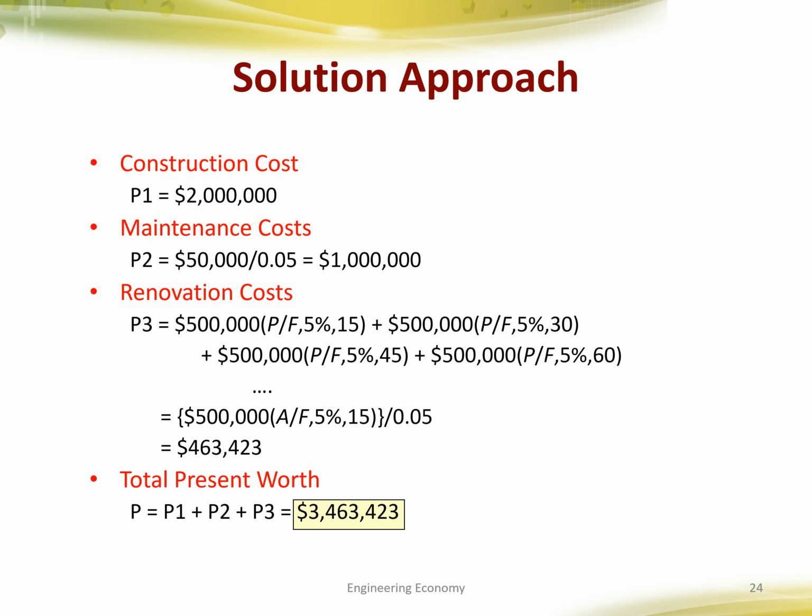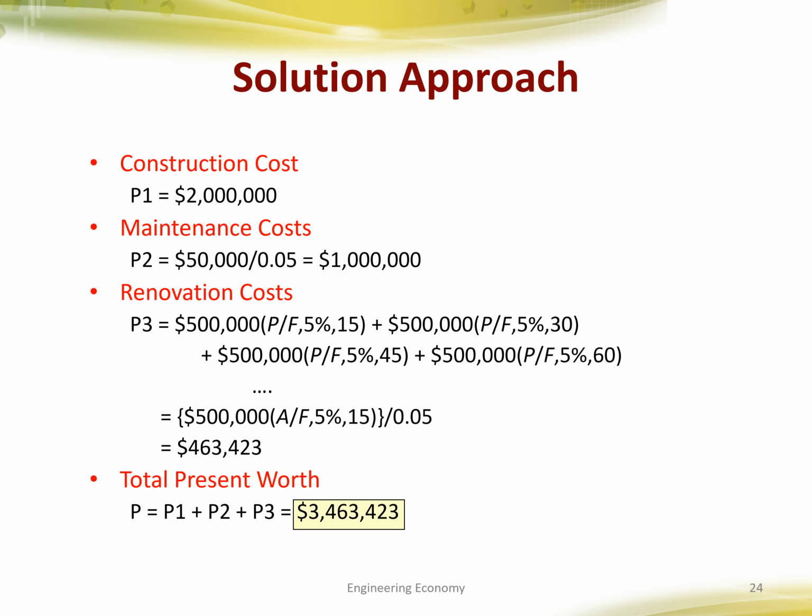So this is what I just described. For the initial investment, initial construction is that amount. Maintenance cost happens every year for an infinite number of years, so it's 50,000 divided by 5%. And renovation costs happen every 15 years, and as time goes, it gets bigger and bigger.